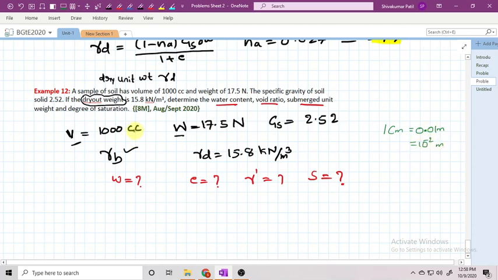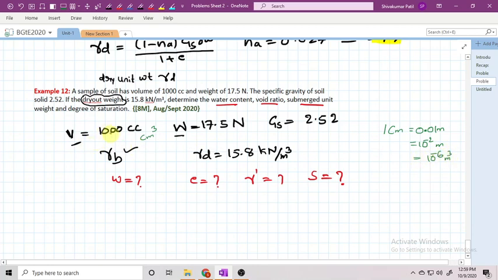Since this is cubic centimeter, cc means centimeter cube. Volume always has three dimensions: length, breadth, and height. So to convert into cubic meter, minus 2 plus minus 2 plus minus 2, that means 10 to the power of minus 6 cubic meter.